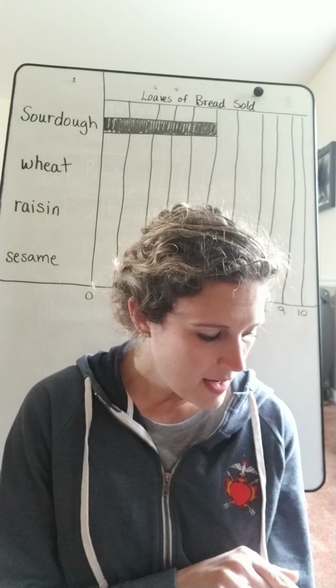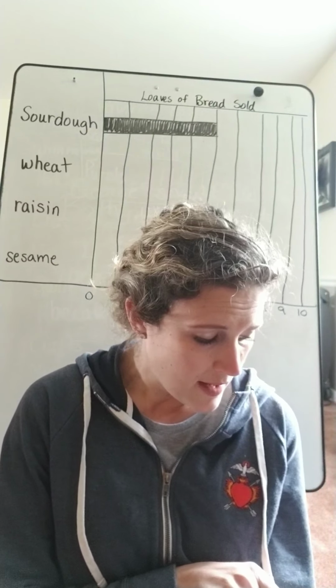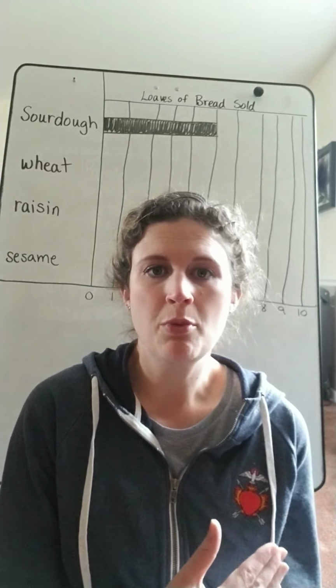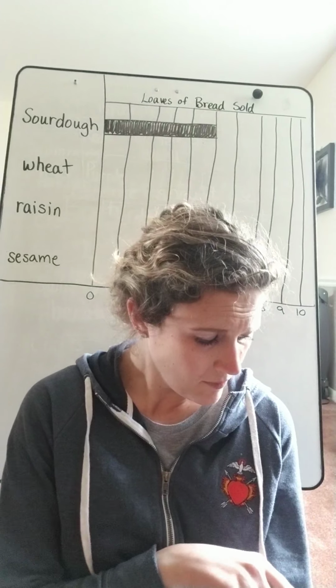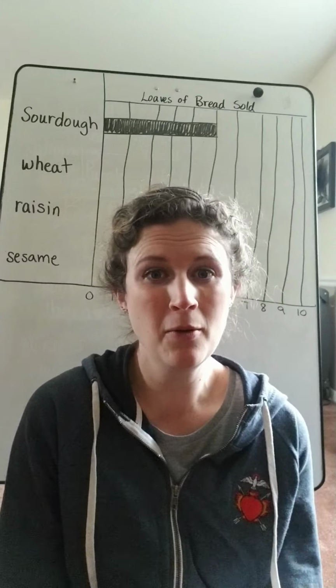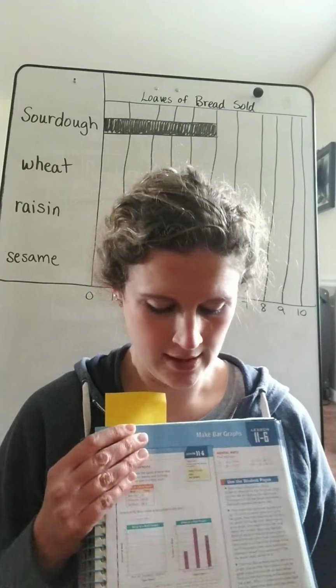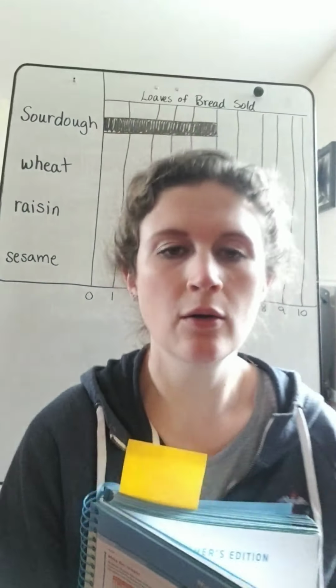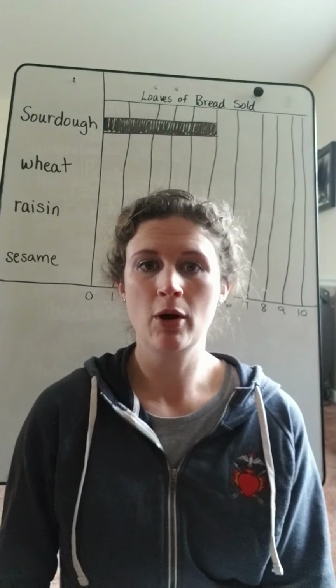And then the type of bird, that's the label that shows what each bar is going to represent. So at the bottom it has blue jay, chickadee, goldfinch, and I'm going to hold my book up. Hopefully it's not blurry. You've got your numbers 0 to 10 and then your types of birds are labeled here. That way you know exactly what your bar is showing.